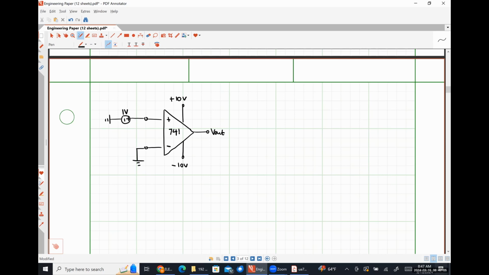Well, the 741 op amp was characterized by an open loop voltage gain of 200 volts per millivolt, an input resistance of typically around 2 mega ohms, and an output resistance of typically around 75 ohms. Those three values were pulled literally from the data sheet that I showed you earlier.